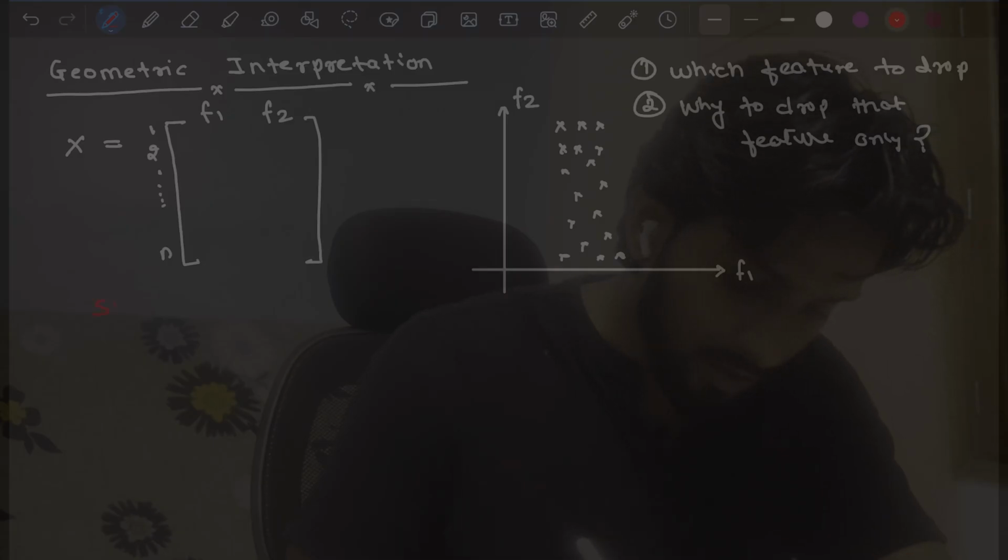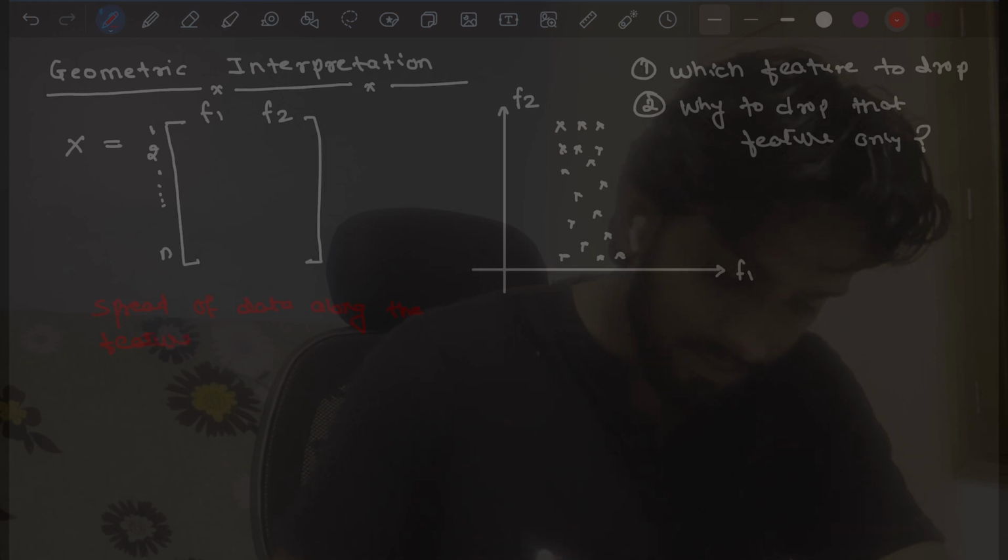Right. So to answer these questions, we have to look at the spread of data along the features, right?